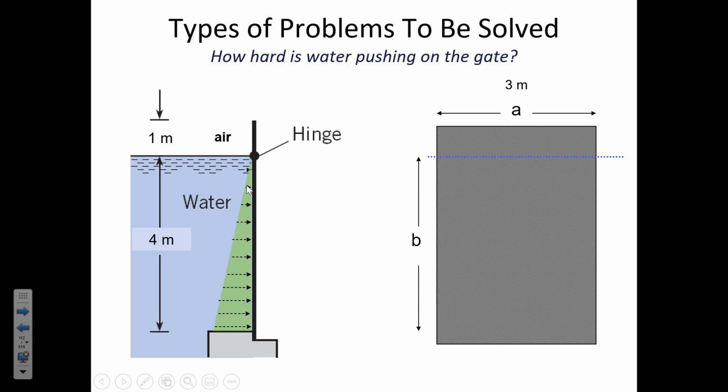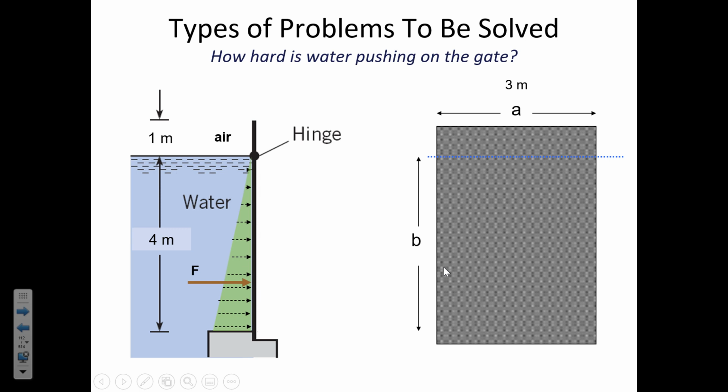And so with this increasing linear pressure distribution, what we'll want to do in problems like this is integrate that increasing pressure over the area of the gate and find an equivalent hydrostatic force.